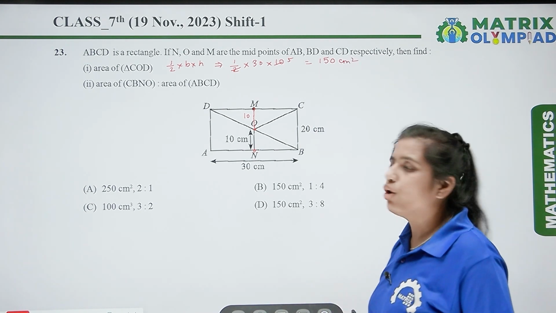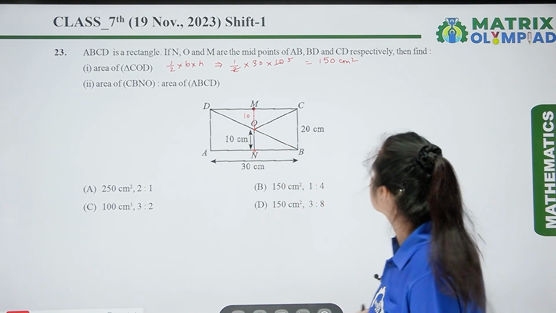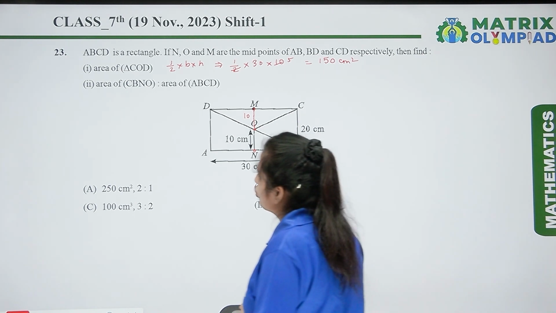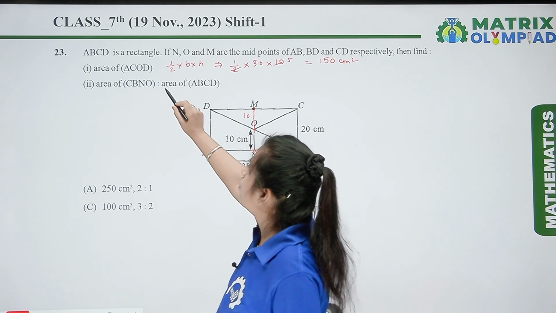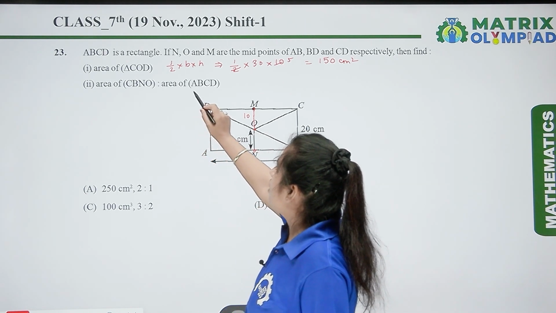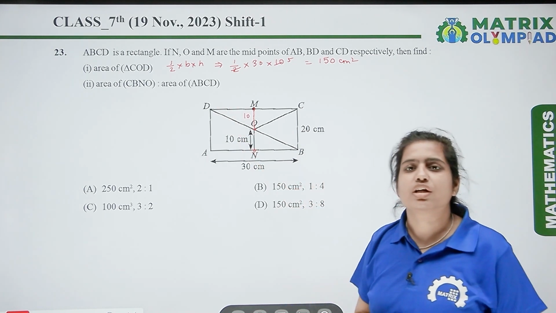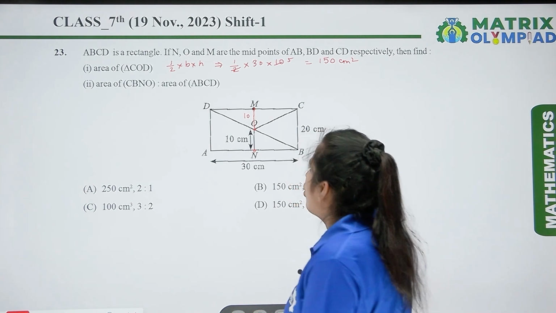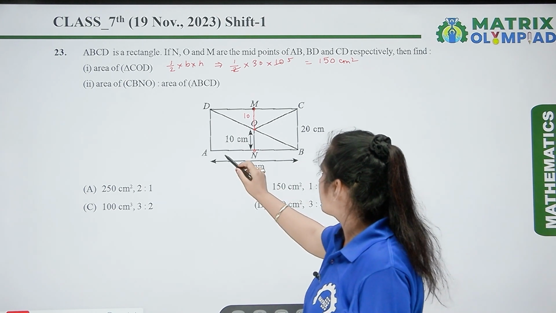So area of triangle COD is 150 centimeter square. Let's find out the second part of this question. Area of CBNO to area of ABCD. So here we have to find out the ratio of the area of CBNO and area of ABCD.